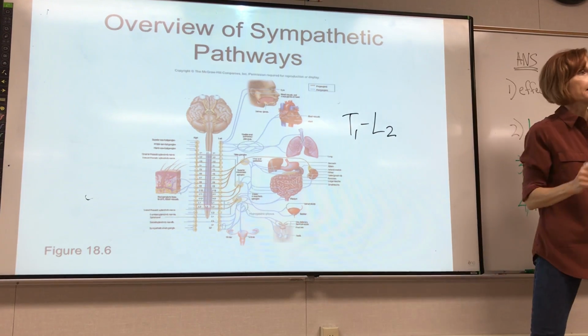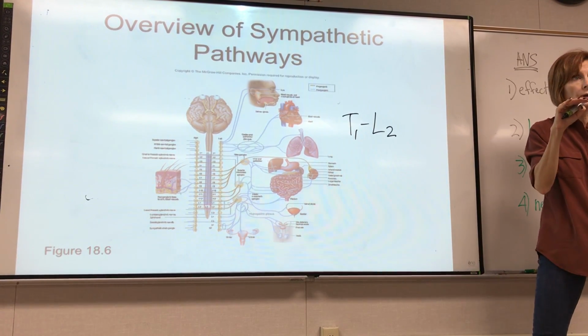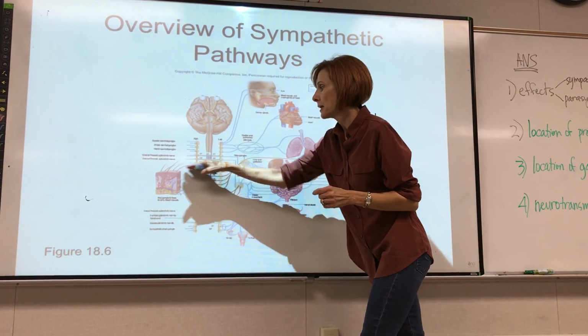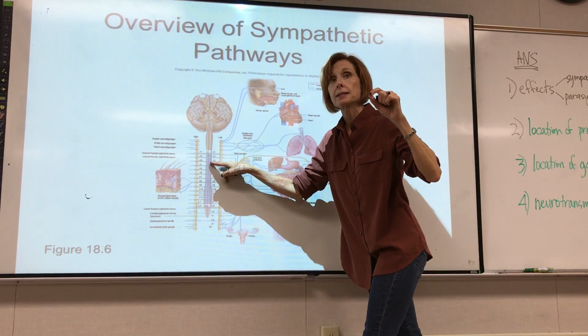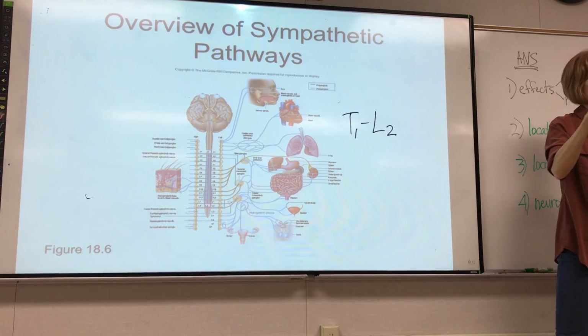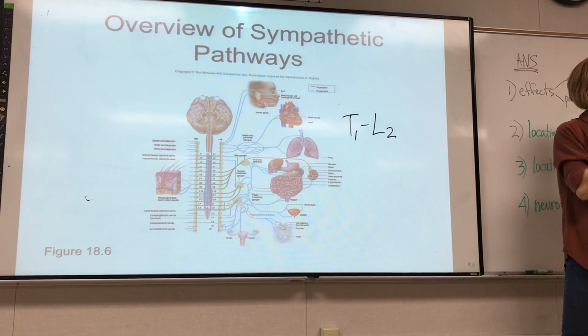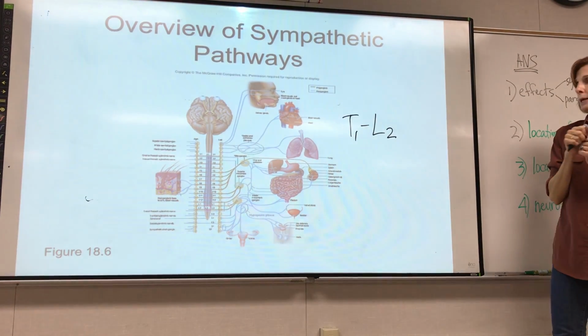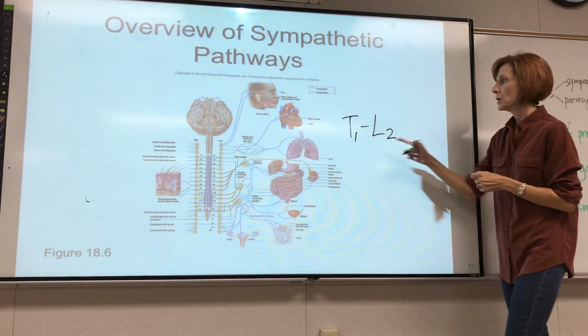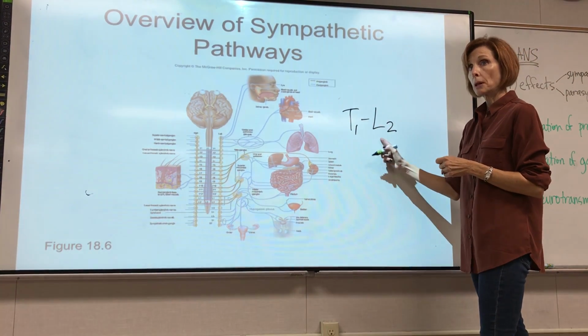If we were to look at a cross-section through the spinal cord at one of these levels, we would see the preganglionic neuron cell bodies in the lateral horn of the gray matter. Remember, they're in the lateral horn of the gray matter from T1 through L2. So thoracolumbar.